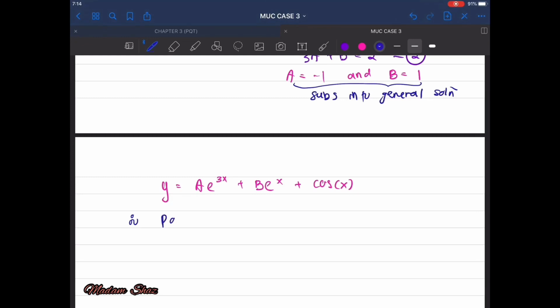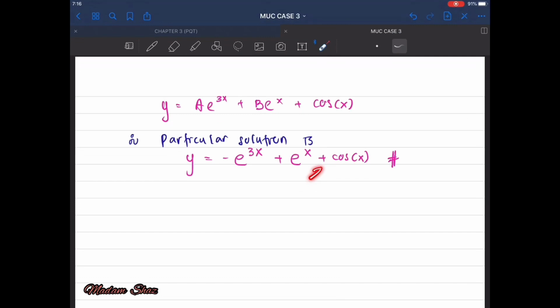So therefore, particular solution is y is equal to negative exponent 3x plus exponent x plus cos x. Okay, so this is the particular solution for our question.